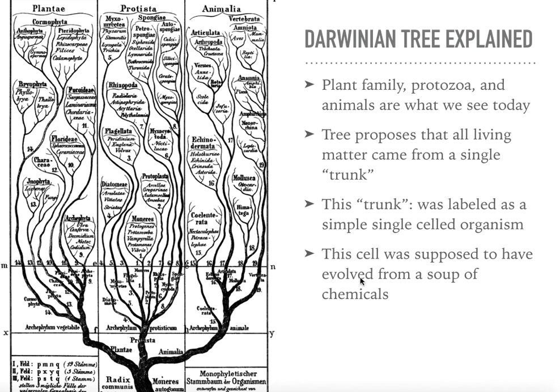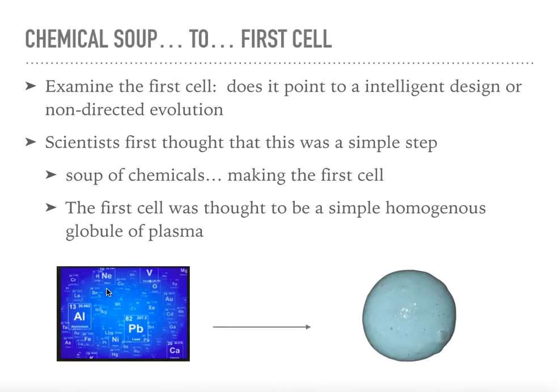They thought that this cell at this time was just like a soup of chemicals that came together and made this biological cell. You can see this is a picture of slime, but I couldn't really find any other picture to represent that.